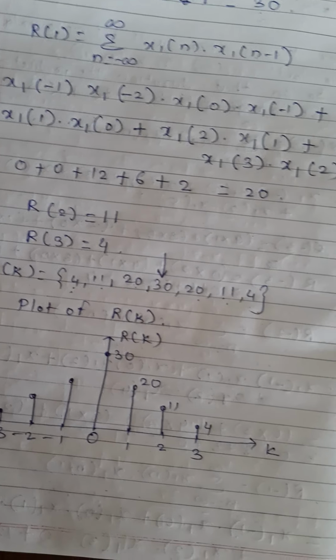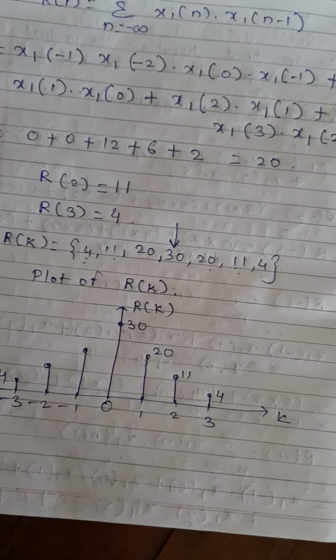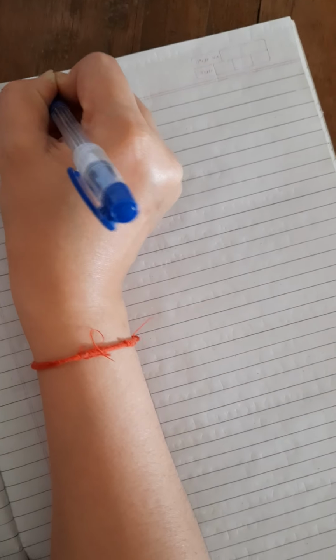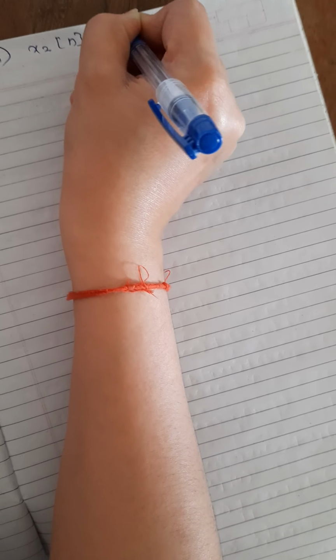Next we have to find the autocorrelation of x2 of n equal to u of n. So x2 of n is equal to u of n.